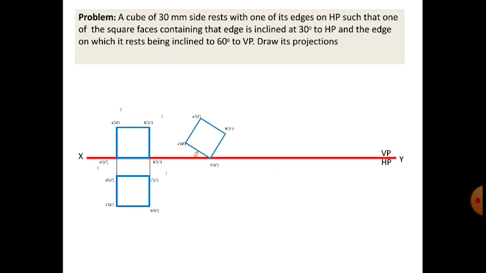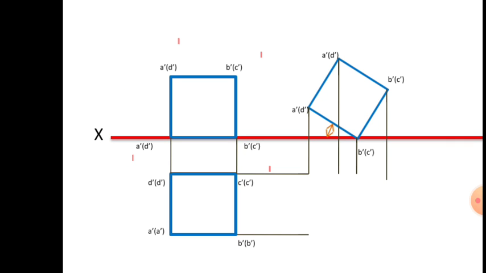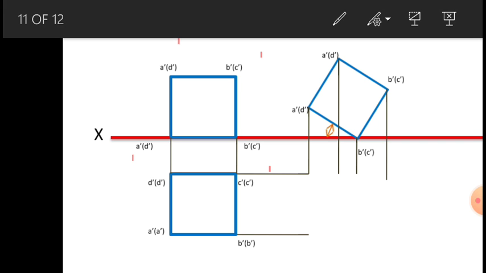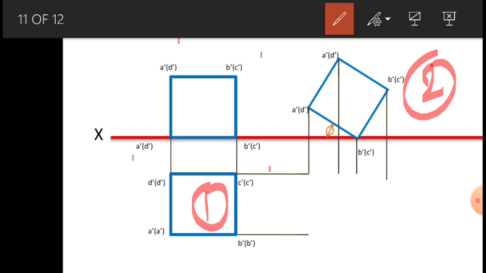Once we are done with it, we will try to get the top view of it by projecting the lines from the first object and from the second object.